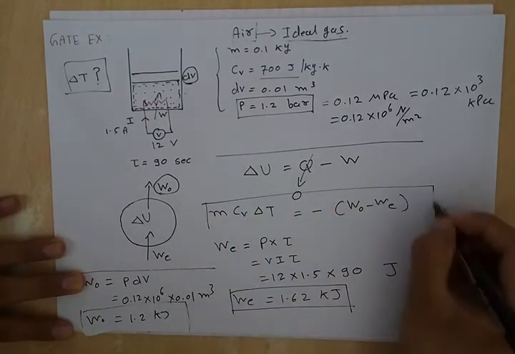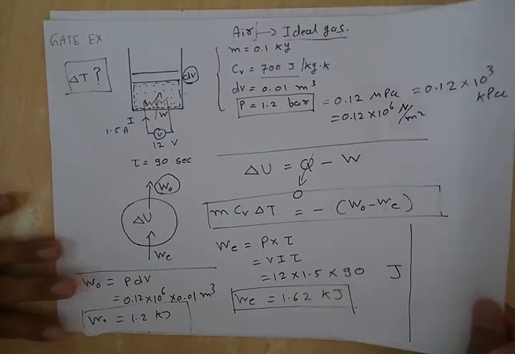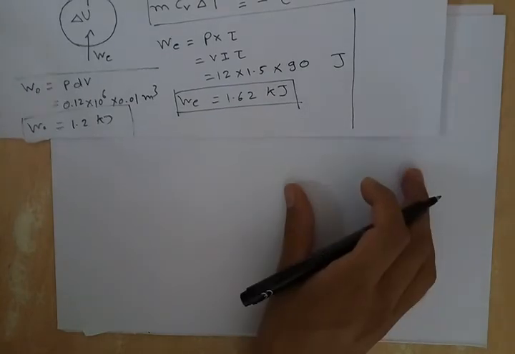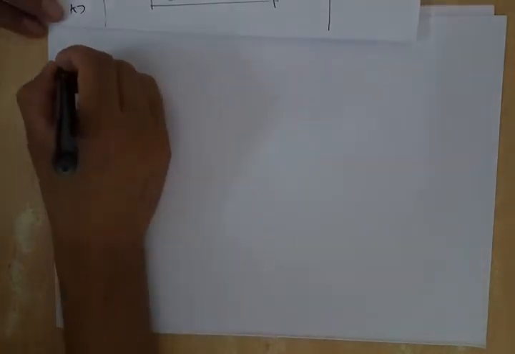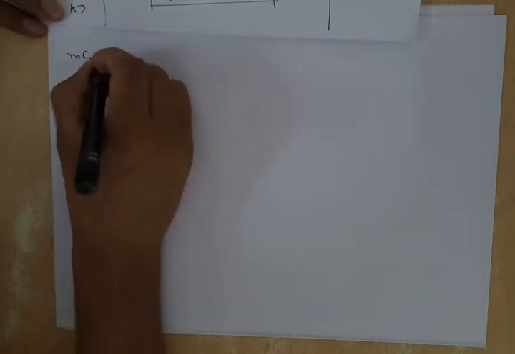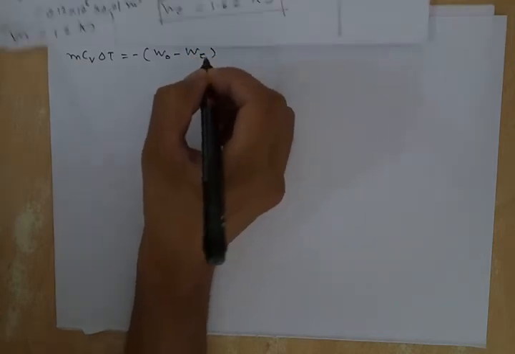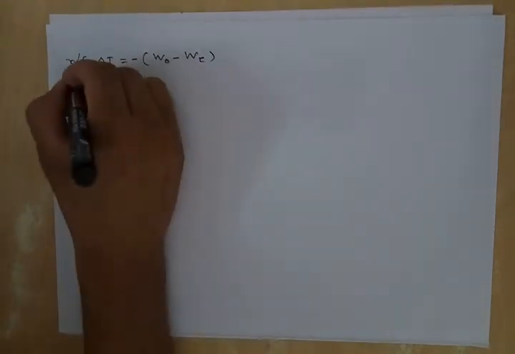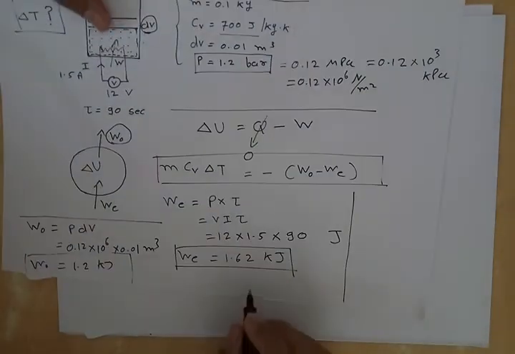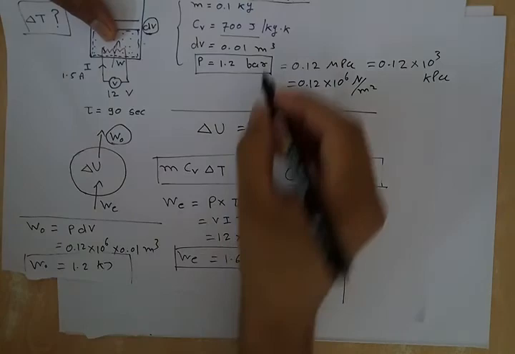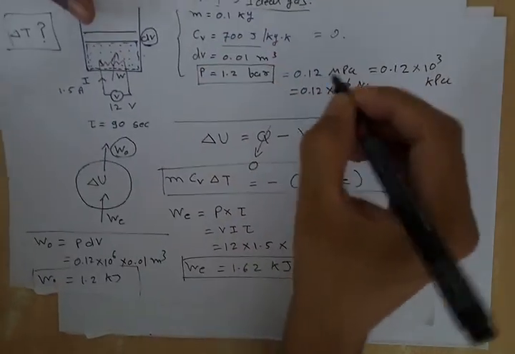Now we will put all these values in this equation. m CV delta T is equal to minus WO plus WE. Now m is given 0.1, CV is given 700 joule per kilogram Kelvin. Now we have taken this energy in kilojoule, so we will convert this into kilojoule. Make sure to do this in GATE exam.